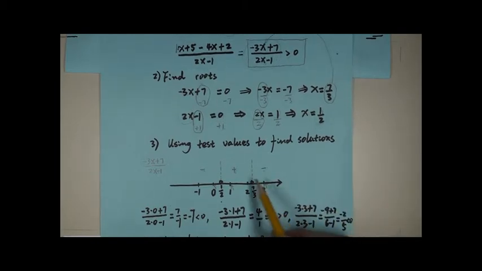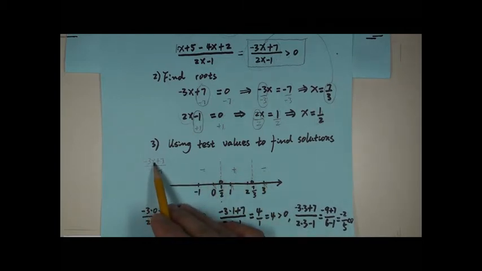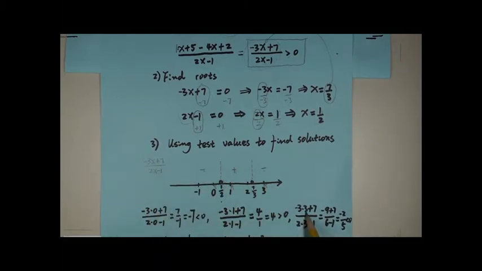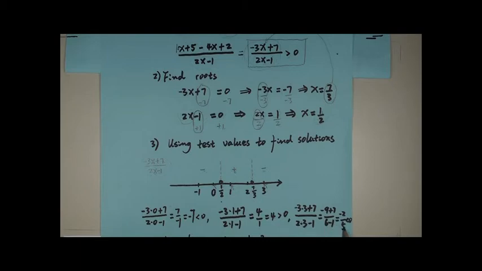Let's choose 3 to test. Put 3 in. Negative 3 times 3 plus 7: negative 3 times 3 is negative 9, plus 7, which is negative 2. Plug in 3 right here: 2 times 3 minus 1. 2 times 3 is 6, minus 1, you have 5.